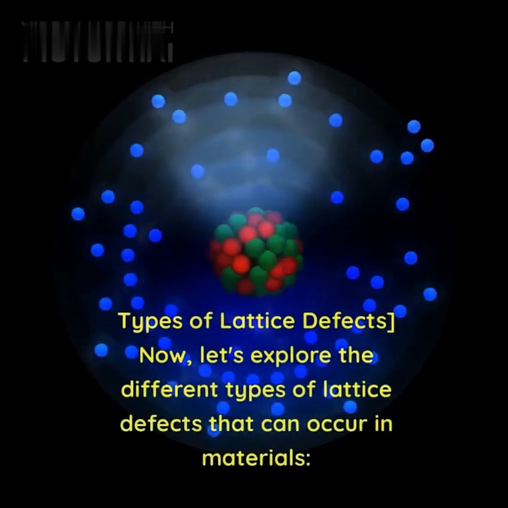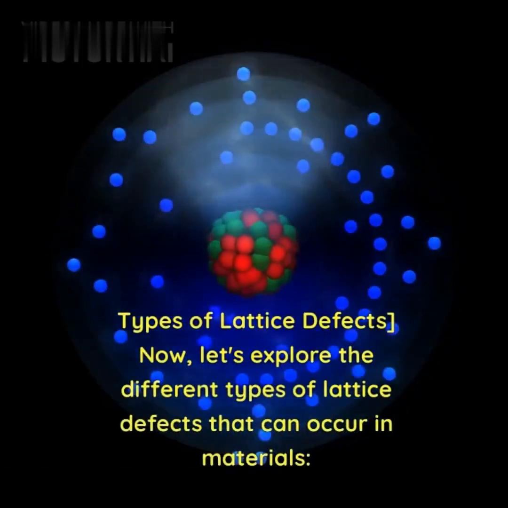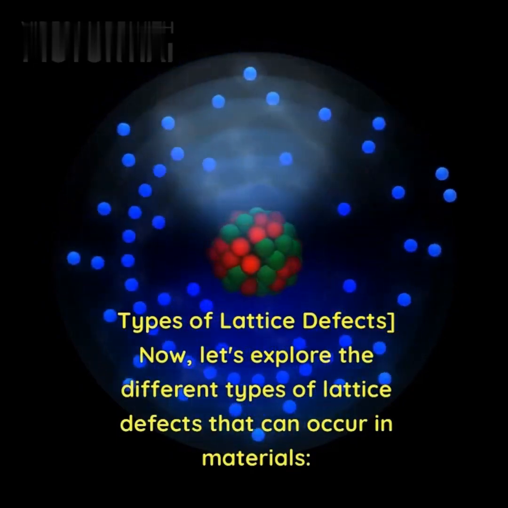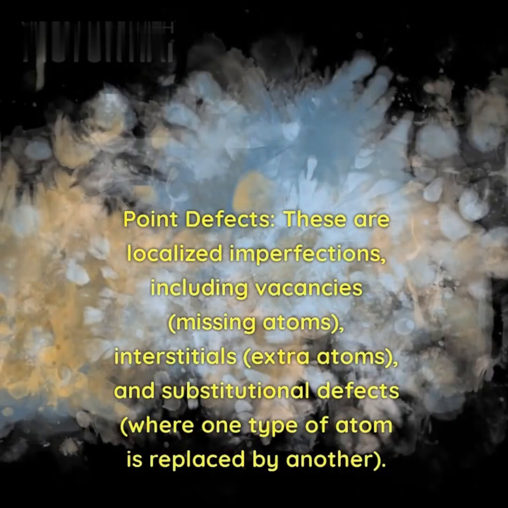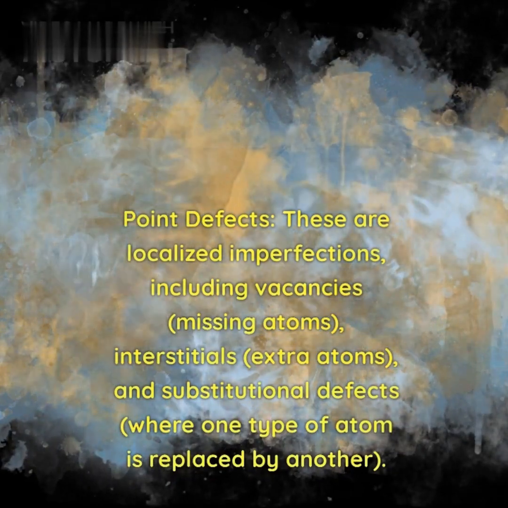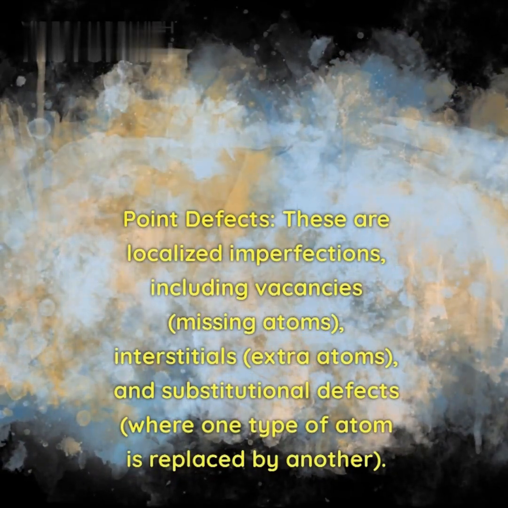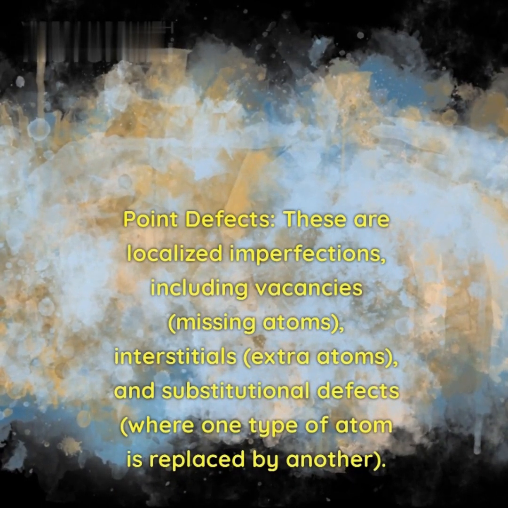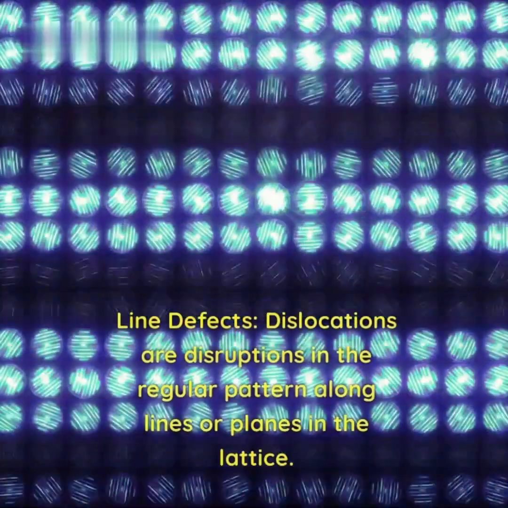2. Types of lattice defects. Now, let's explore the different types of lattice defects that can occur in materials. Point defects. These are localized imperfections, including vacancies (missing atoms), interstitials (extra atoms), and substitutional defects, where one type of atom is replaced by another. Line defects.